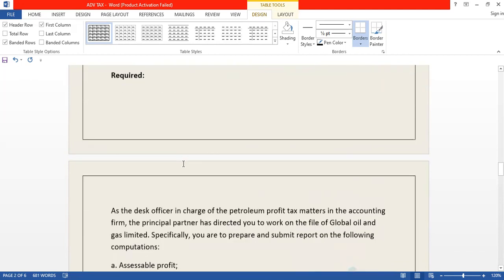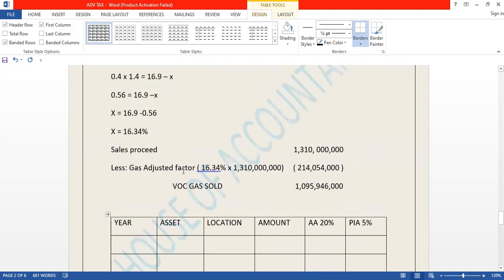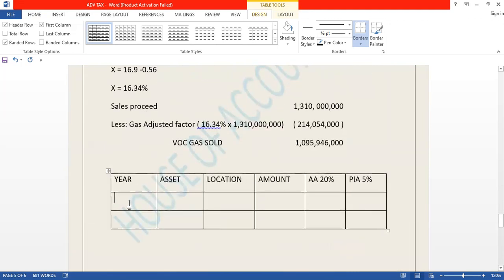So 12 March is the date. So let's call this one 2018. And the name of the asset again is storage facility. The location of that asset is onshore.